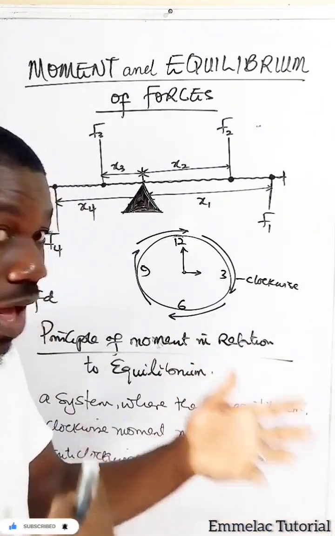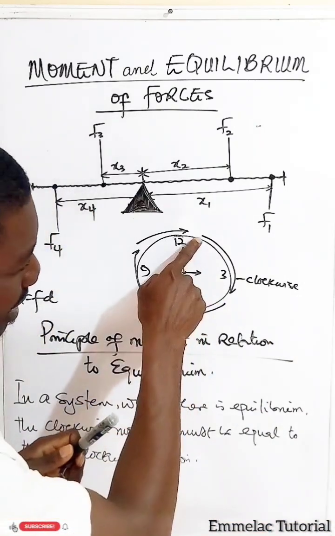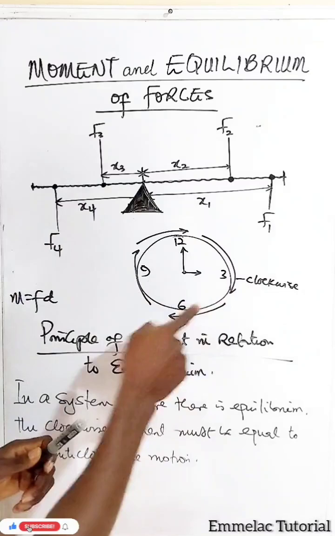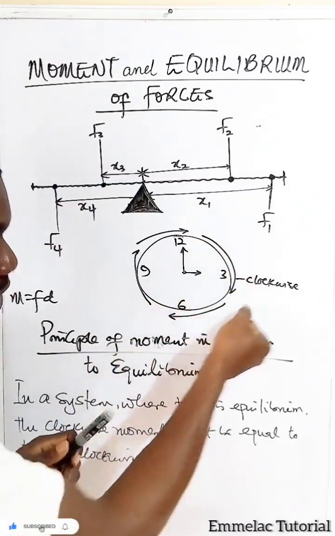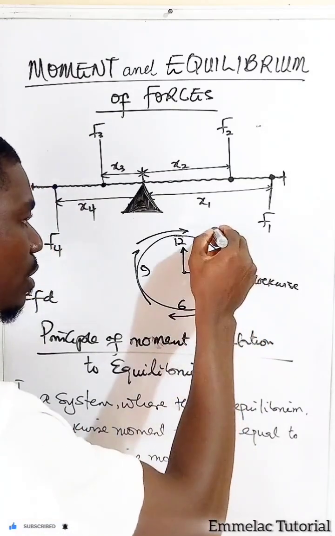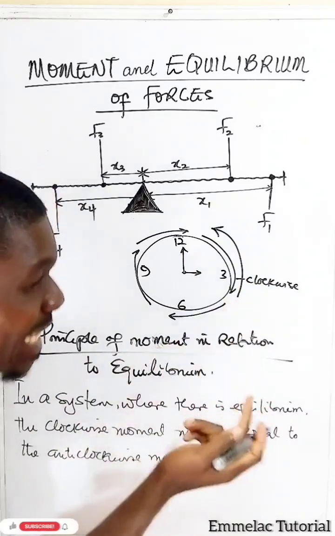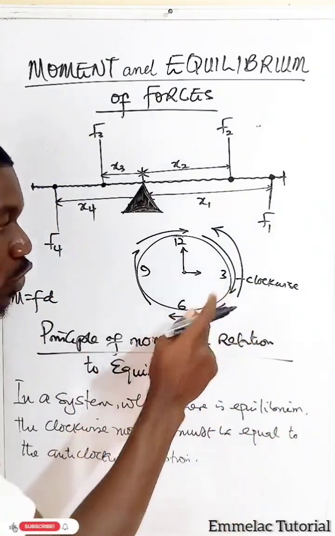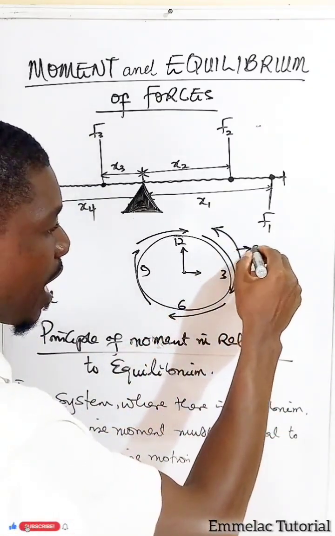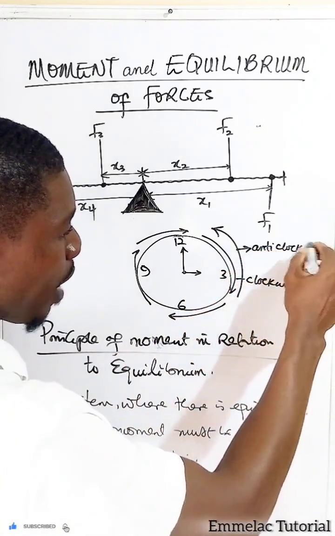The clockwise what? Movement. Now we know anything that goes against the normal can be called opposite or anti, right? Okay, in this case now, if this normal movement is called the clockwise, what if it now goes like this? So it implies that this one goes against the normal, so we can call this one anti-clockwise.